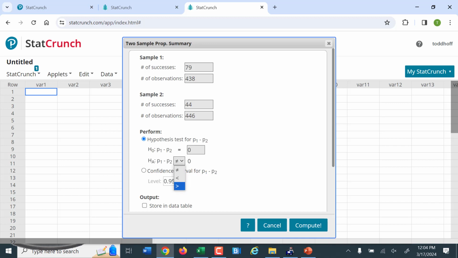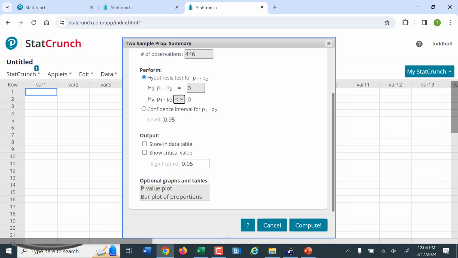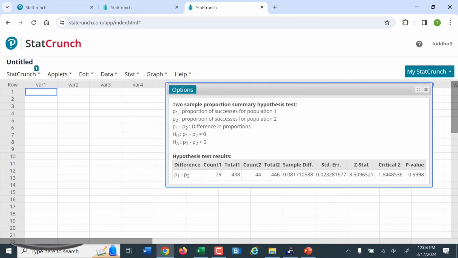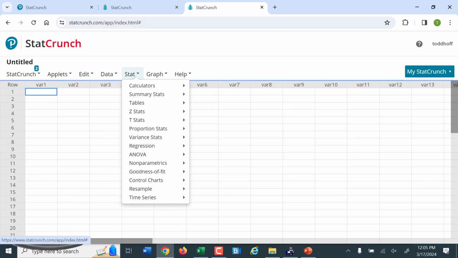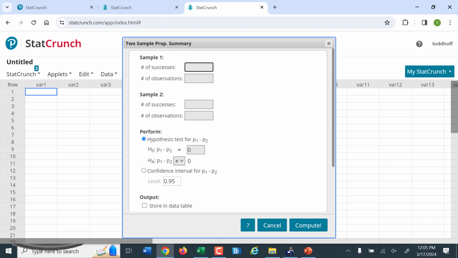And now we're going to make this less than here. Show the critical value. Notice when that is less than, our critical value changes a little bit. And actually, I didn't want that to be less than. I want it to be greater than. So let me try that again. Trying to go too fast, and I punched in the wrong thing there.